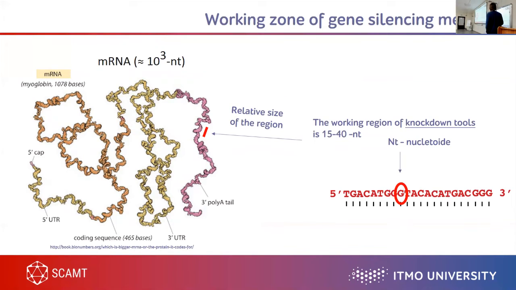That is pretty similar to knockout tools, and the red mark shows the region that will be affected if we use knockdown tools. But even this little region will be enough for cleavage and destroying all the mRNA.